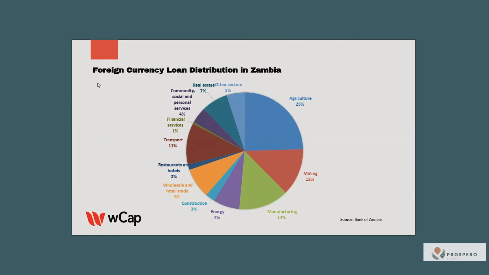This means, according to them, 47% of total loans and advances issued by commercial banks was in foreign currency, and the rest was done in Kwacha. Looking at the distribution, you can see that the bulk of foreign currency loans go towards agriculture, mining, manufacturing, wholesale and retail trade, as well as the real estate and energy sectors.